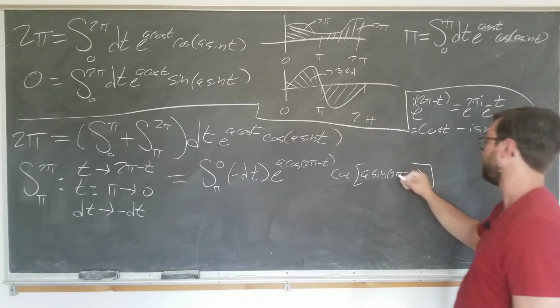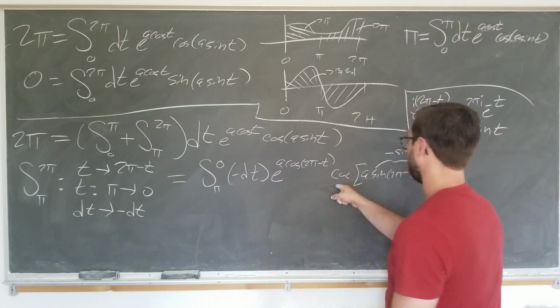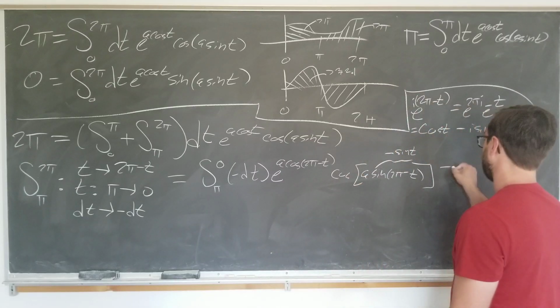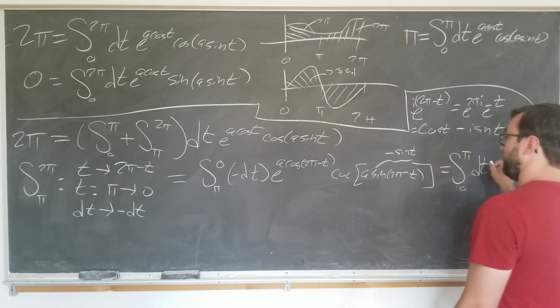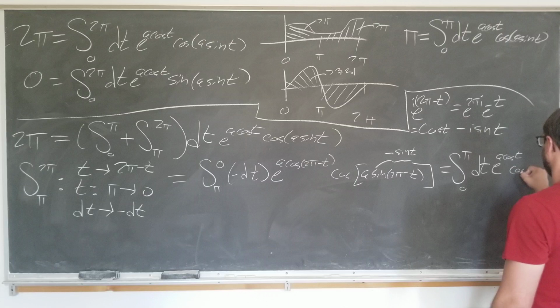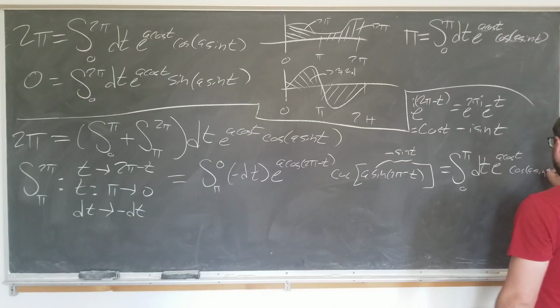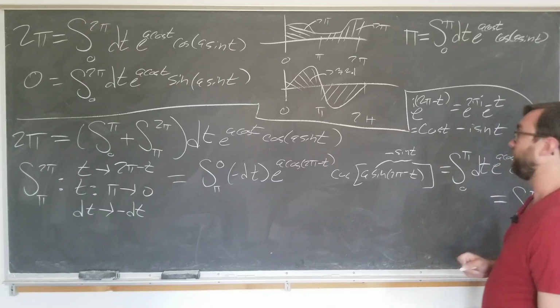Sine gives us a minus sine. And that doesn't matter because the cosine is an even function. So this integral is 0 to pi dt e to the a cos t cos a sine t, which schematically is our integral 0 to pi.